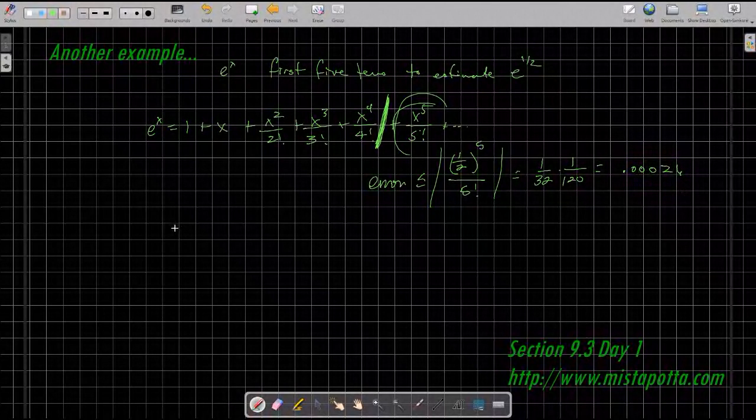And if I look at e to the 1/2 on my calculator and compare it with this, I find that I'm very close to this error. In other words, for AP purposes, I'm close enough to AP accuracy with only dealing with a fourth degree polynomial.